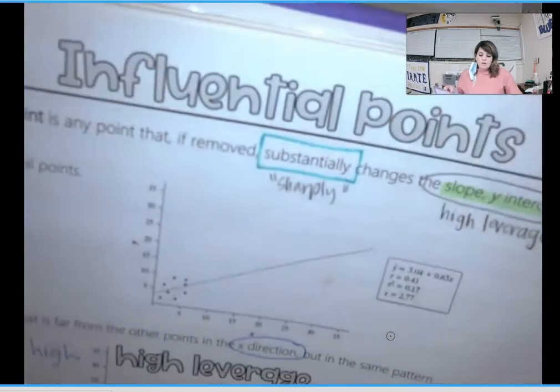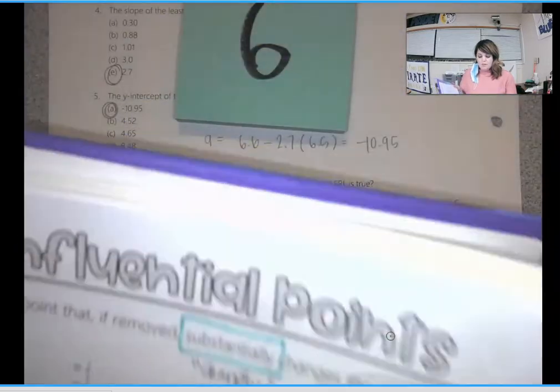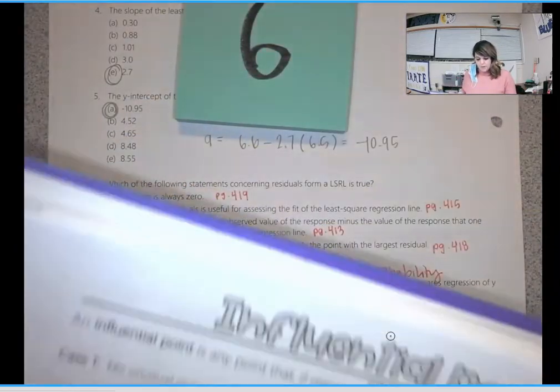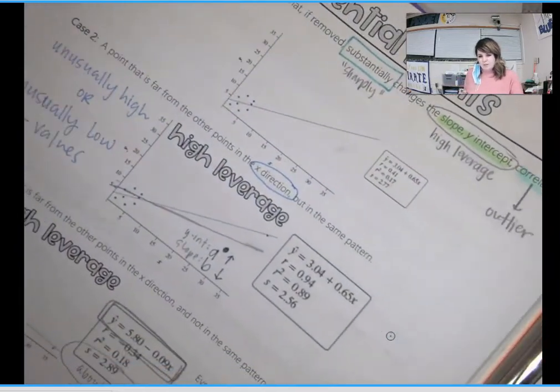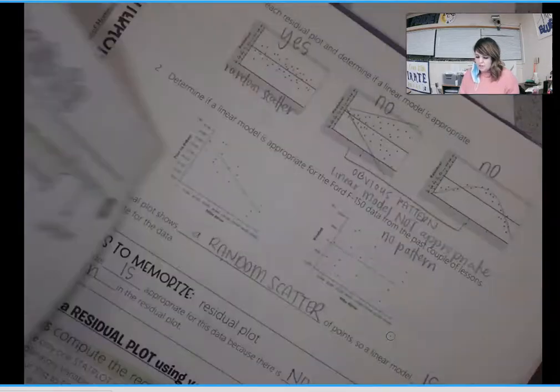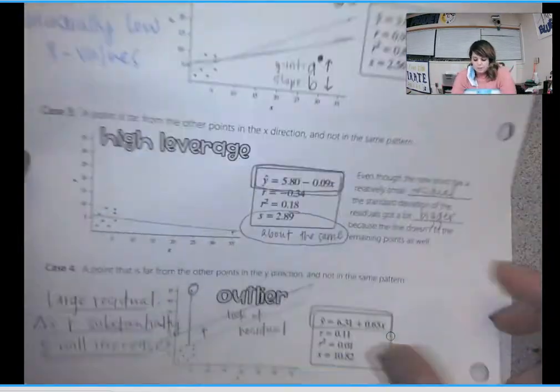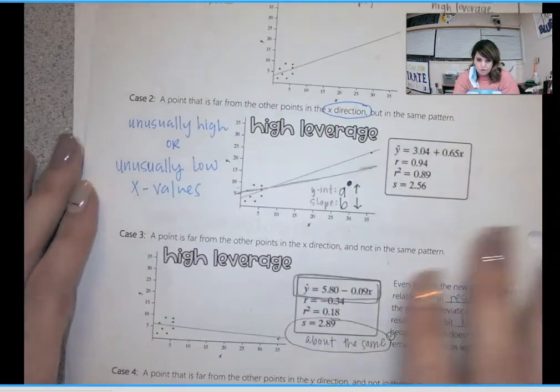So on our influential points page, page 418, we have, and I'm sorry I can't really get this straight, I'll just take it out. Sorry, I'm rushing because I hate to waste your time, but being clearer is probably better than rushing.